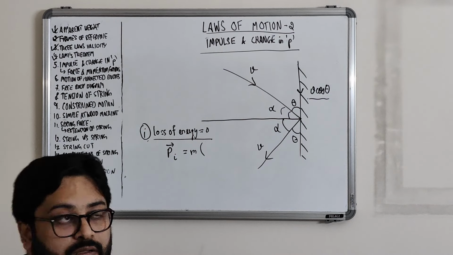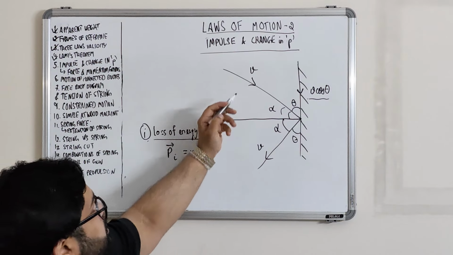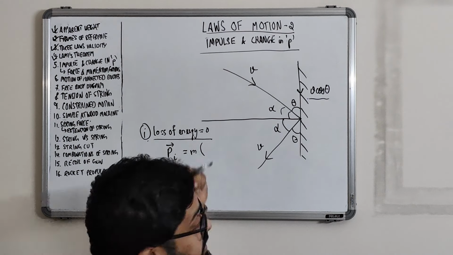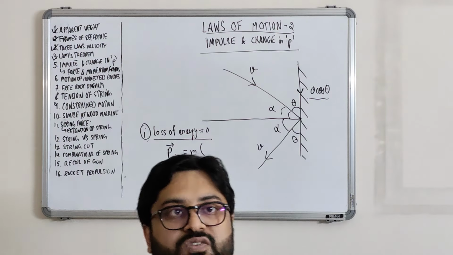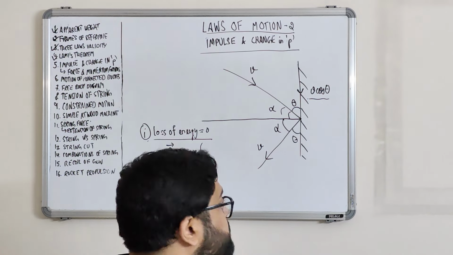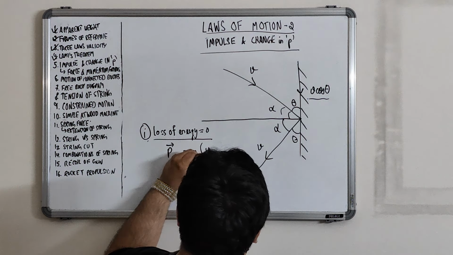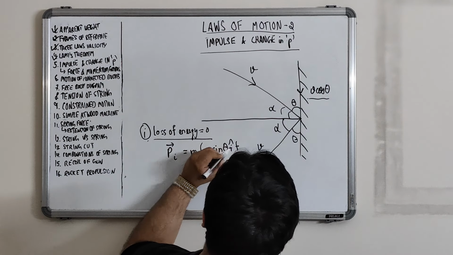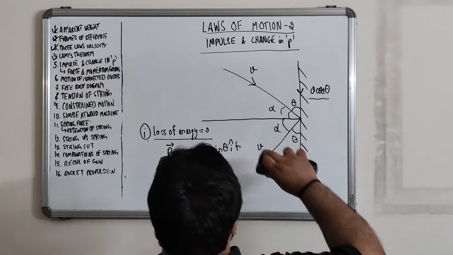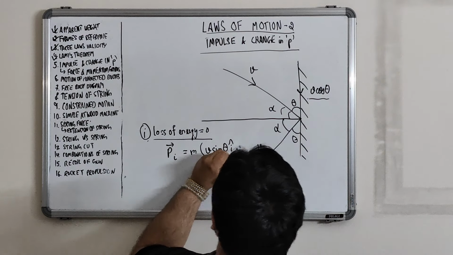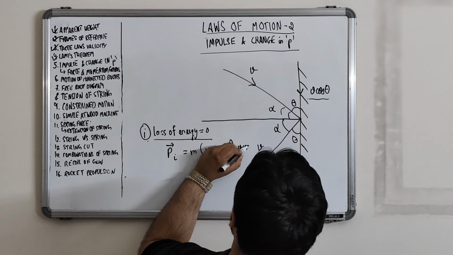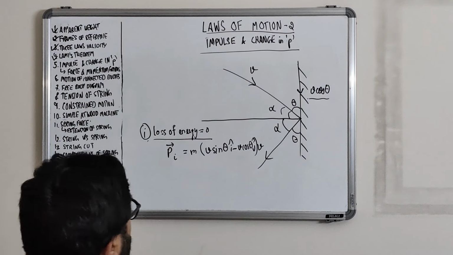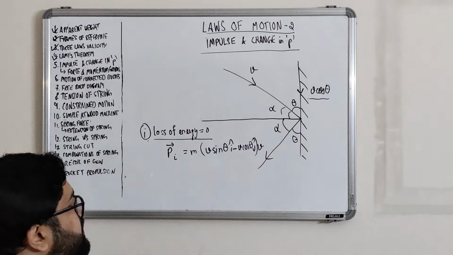If this was v cos theta, this becomes v sin theta, and it's moving towards the right. So as it's moving towards the right, it's positive. So we get v sin theta i cap, minus v cos theta j cap. All right, so this is initial.